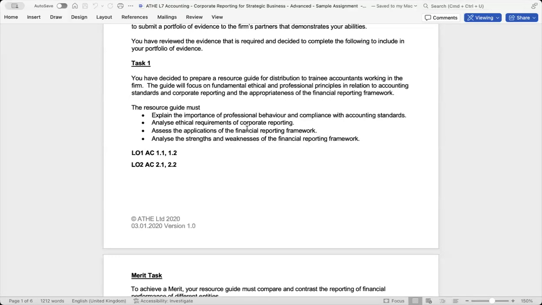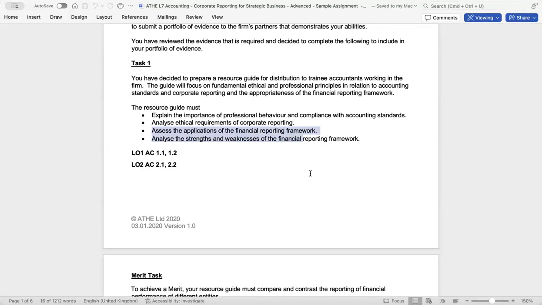Then application of the financial reporting framework. You need to look at learning outcome two. Describe the key components of the financial reporting framework, including the conceptual framework, standards and guidelines.